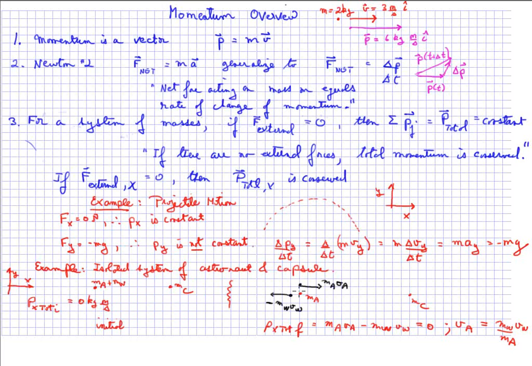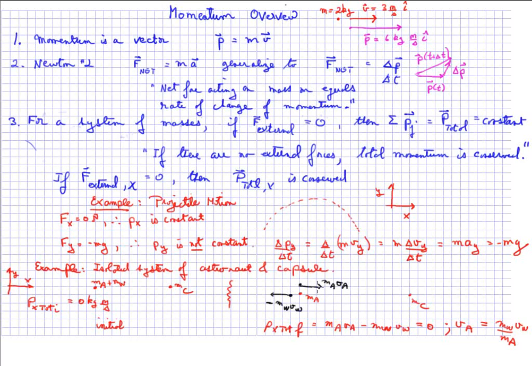So if the astronaut takes their wrench and throws it in the negative x direction, giving it a momentum of minus m w times v wrench, then by conservation of momentum, the astronaut will have an equal and opposite momentum in the positive direction given by m sub a v sub a. And that is because there's no external force on this system.